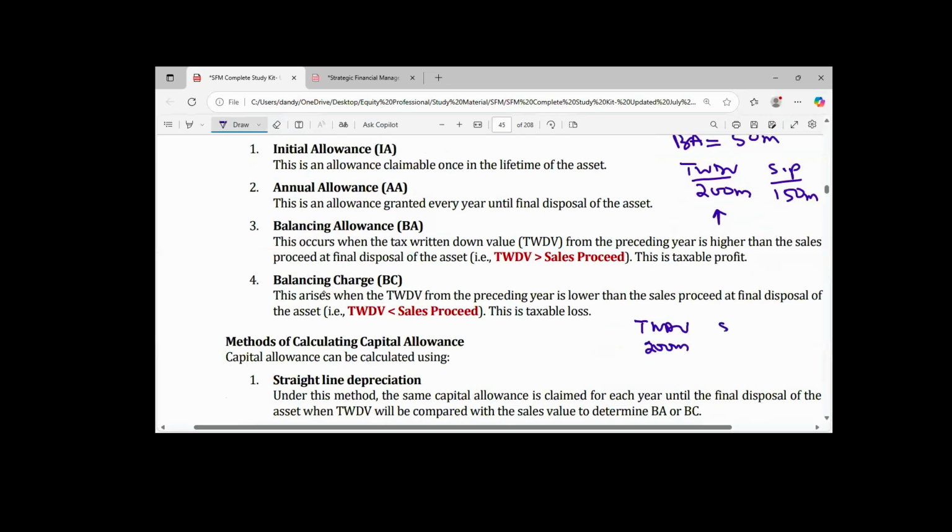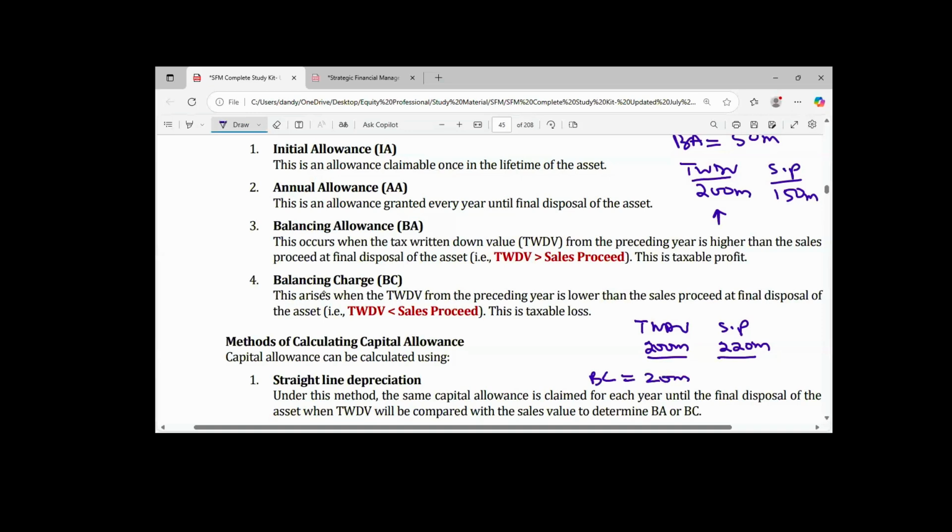Then you are given the sales proceeds. This asset was disposed of at 220 million. So the asset is disposed higher than the worth. Therefore, the difference of 20 million is what is known as balancing charge.